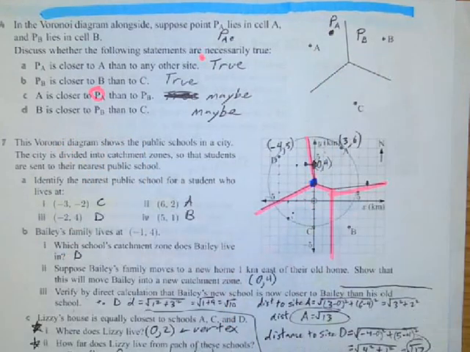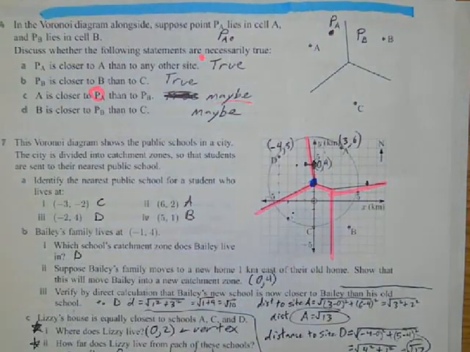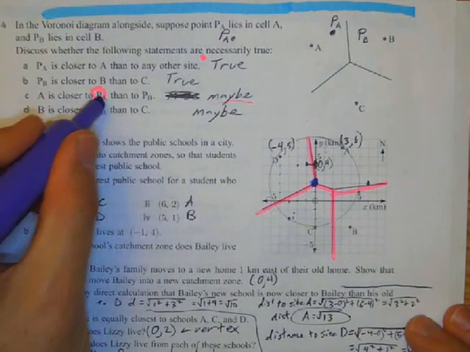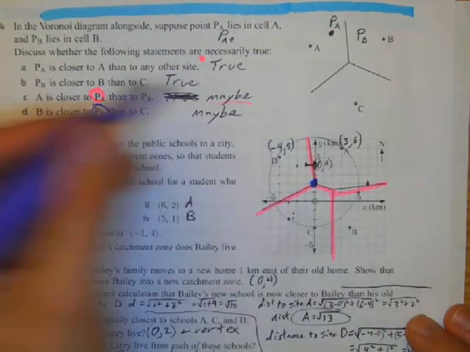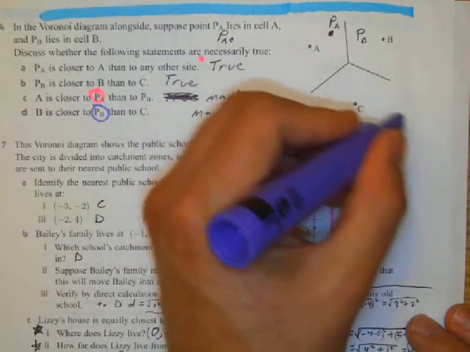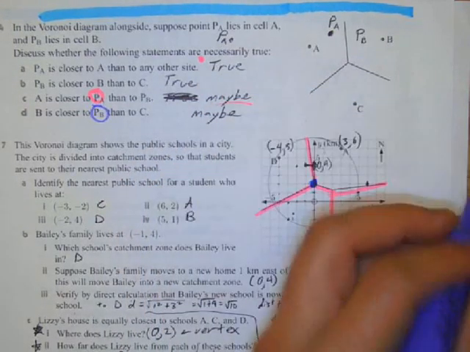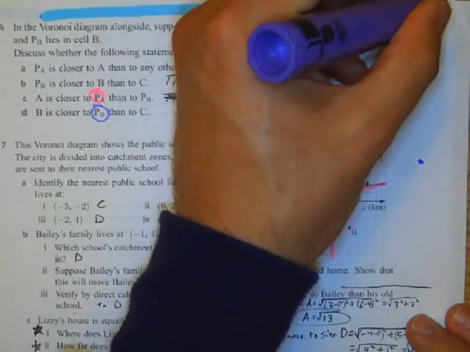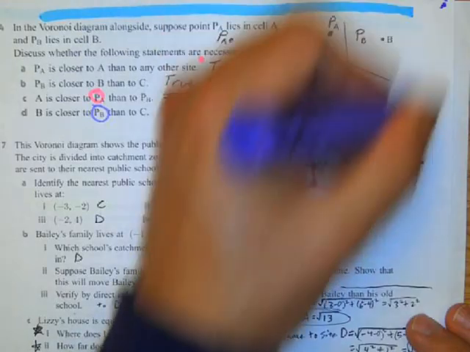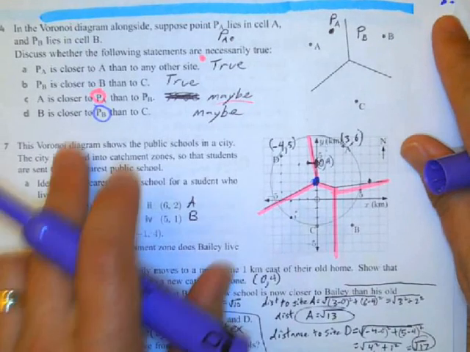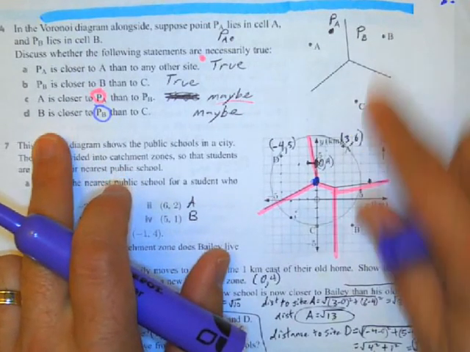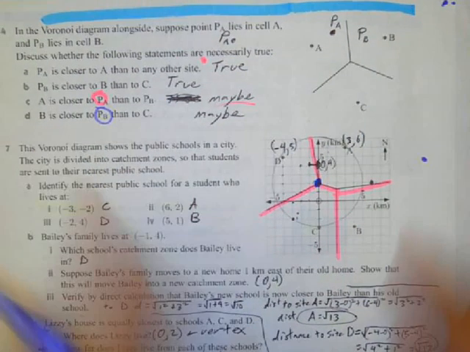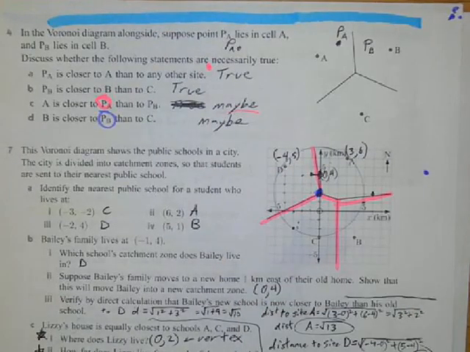That's why this one's maybe. And same thing, if point B is like way over here, then it's possible B could be closer to C than it is to site B. So that's why these are maybe. You may want to hit pause and think about that again.